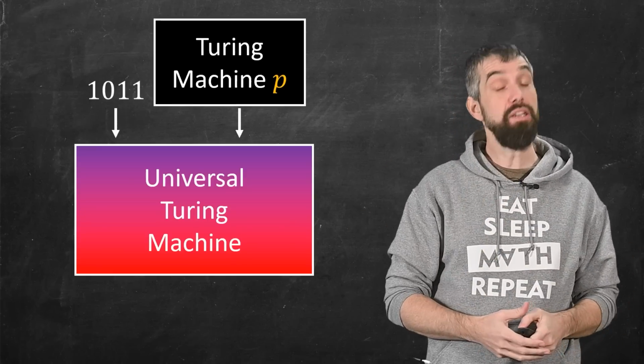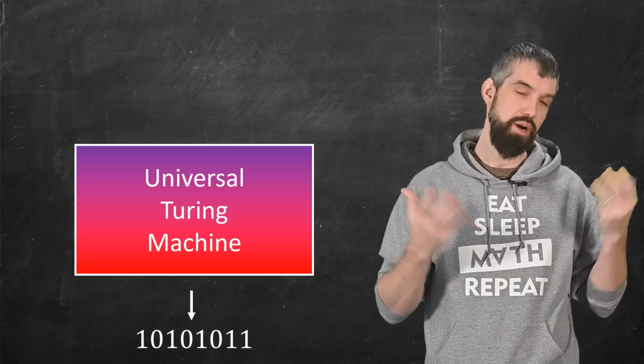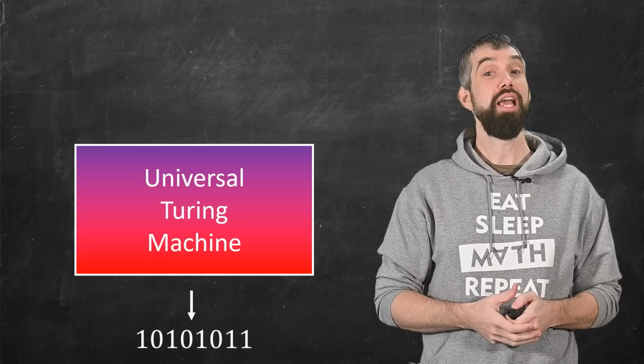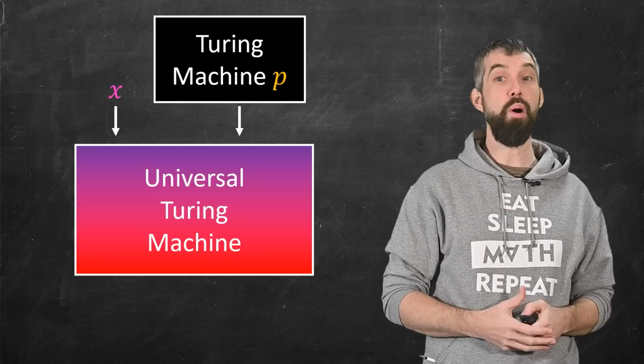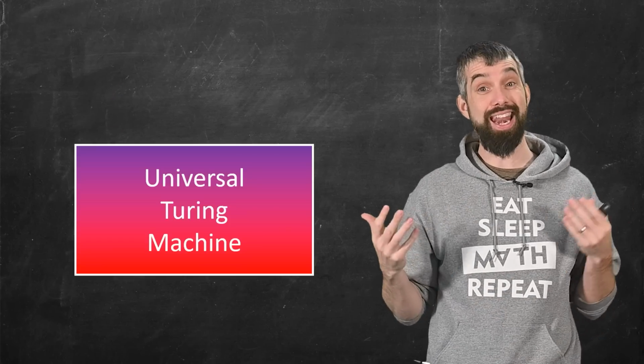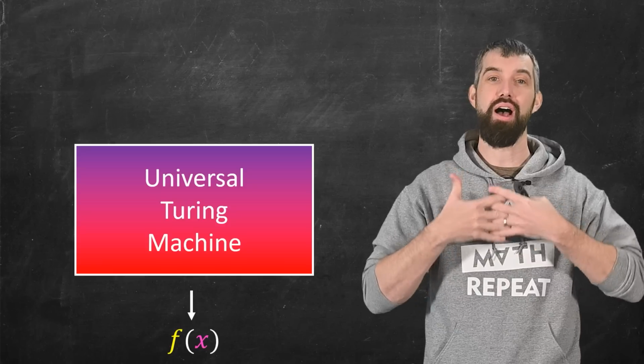Both of those are going to go into the universal Turing machine, and what do you get out? You get out whatever the output was. Or to use this more symbolically, if you have an input x and Turing machine P, then you put both of those into the universal Turing machine, and what you're going to get out of it is just the output of the Turing machine, f of x.